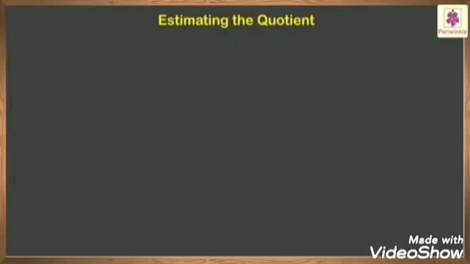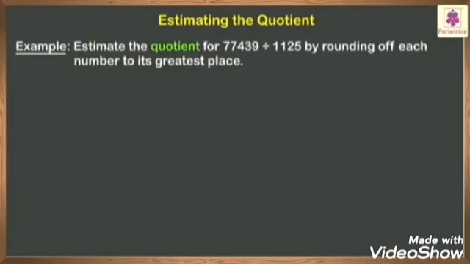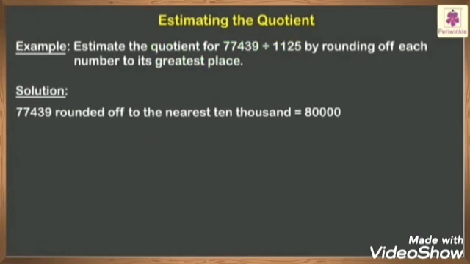Estimating the quotient. Let us estimate the quotient for 77,439 divided by 1,125 by rounding off each number to its greatest place. The number 77,439 is rounded off to the nearest 10,000.